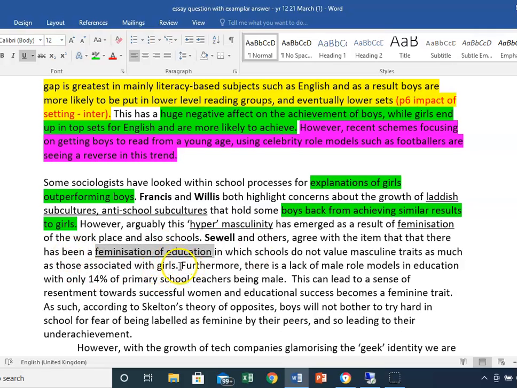Furthermore, which is a good analysis indicator, there is a lack of male role models in education, with only 14% of primary school teachers being male. This can lead to a sense, and they've explained the example, which I like, of resentment towards successful women and educational success becoming a feminine trait.